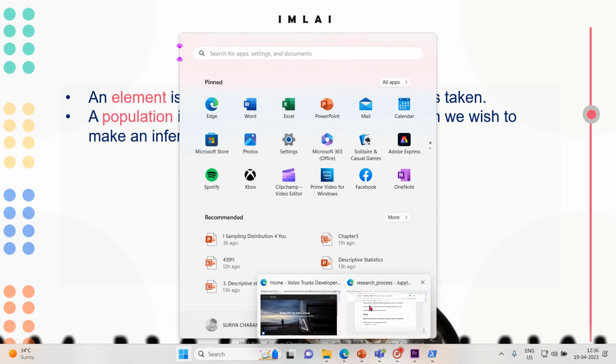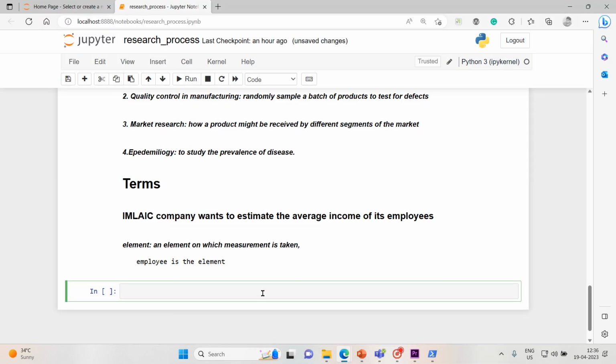So in this example, what's my population here?